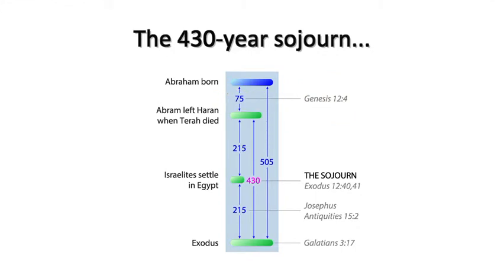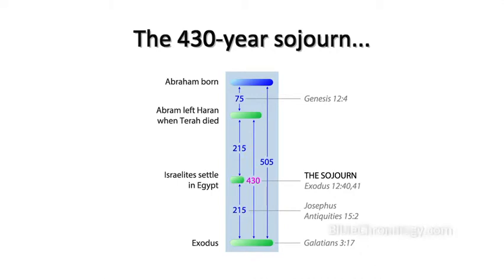The law was given 430 years afterwards, according to Galatians 3:17, so the Exodus also took place 430 years afterwards. And that's what Exodus 12:40 said. This gives a total of 75 plus 430 years, making 505 years from Abraham's birth to the Exodus.